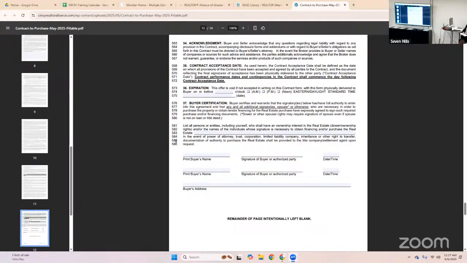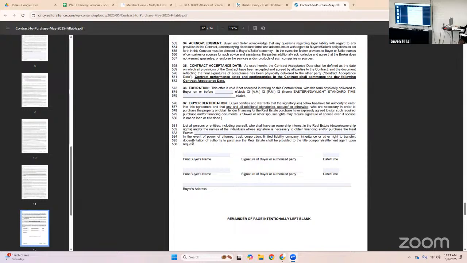Dower or other spousal rights may require signature of spouse, even if spouse is not on the loan or title. D, list all persons or entities, including yourself, who shall have an ownership interest in the real estate, which would be dower ownership rights and or names of the individuals whose signatures are necessary to obtain financing and or purchase the real estate.